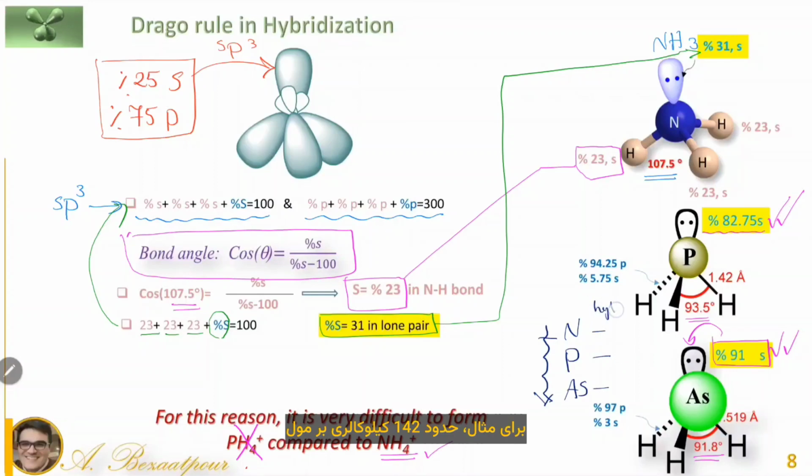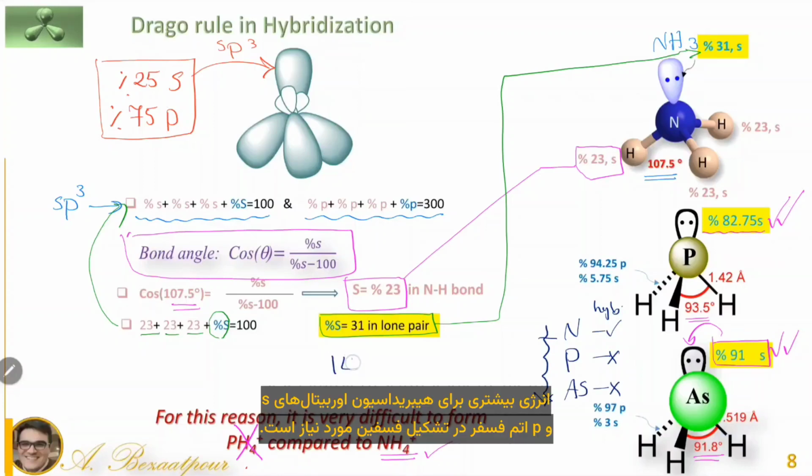For example, about 142 kilocalories per mole more energy is needed to hybridize the s and p orbitals of the isolated phosphorus atom in the formation of phosphine.